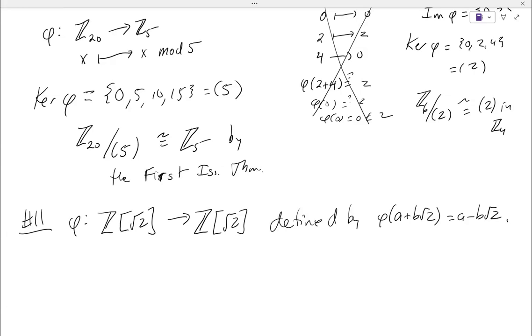All right. So, is this surjective? Let's do that first. Do I have a surjective function? I'm not worried about homomorphism yet. Do I hit everything in Z adjoin root 2 by doing conjugation? If I just take an arbitrary element in Z adjoin root 2, what do I use to get mapped to it?